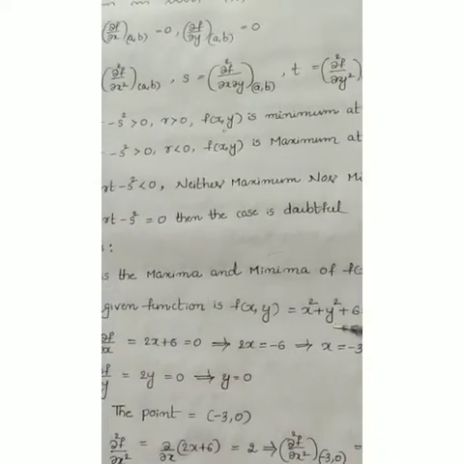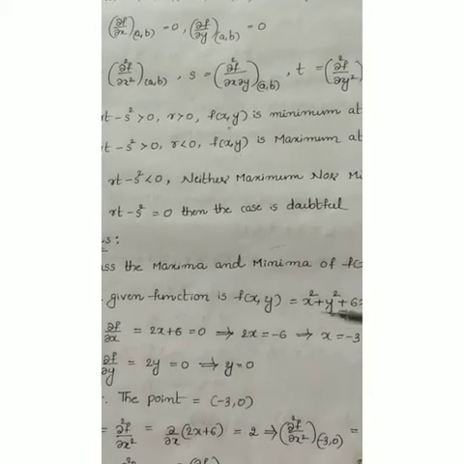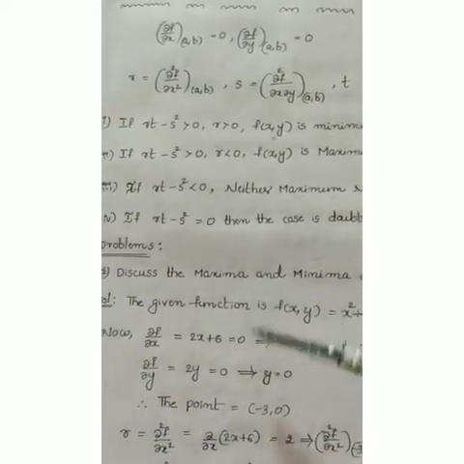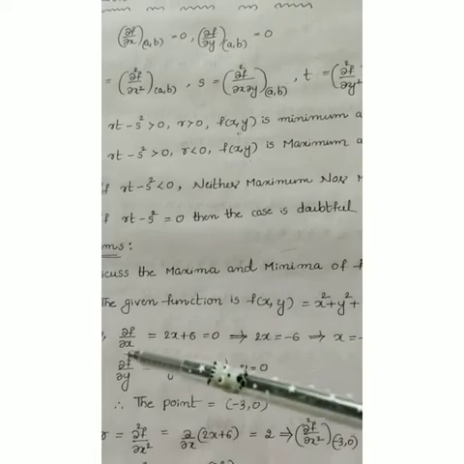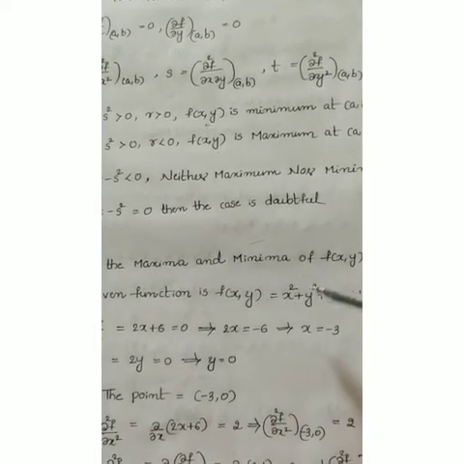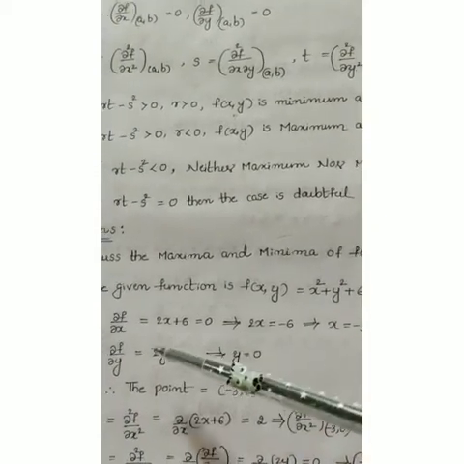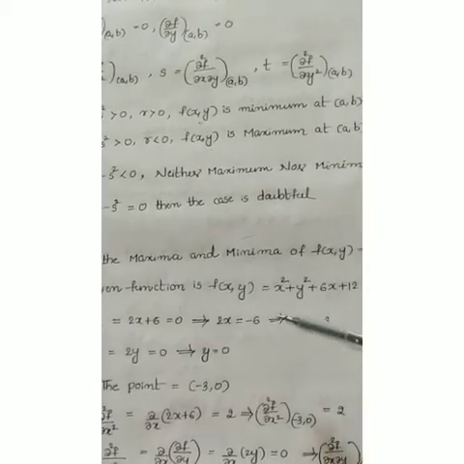Now we have to find out the first order partial derivatives, and by equating those partial derivatives to 0, we can get the point a comma b. Differentiating f with respect to x, dou f by dou x equal to 2x plus 6, and dou f by dou y is 2y.